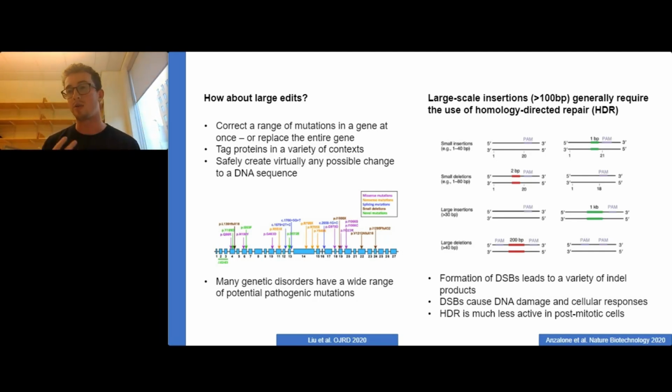In the past, what people have been trying to employ are generally tools that will cut the genome and then try to insert a large sequence based on a templating known as homology-directed repair. The problem with a lot of these approaches is that they have a very high potential for causing damage.